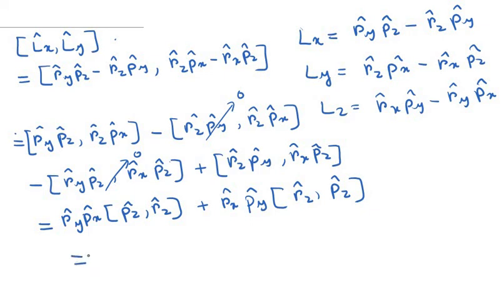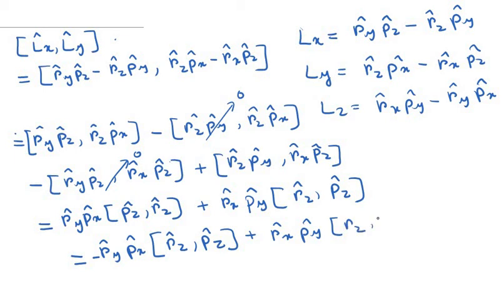So for this ry px, we have a negative sign over here, and we switch these two operators and multiply with a negative sign. So this is rz px pz plus rx py rz pz.